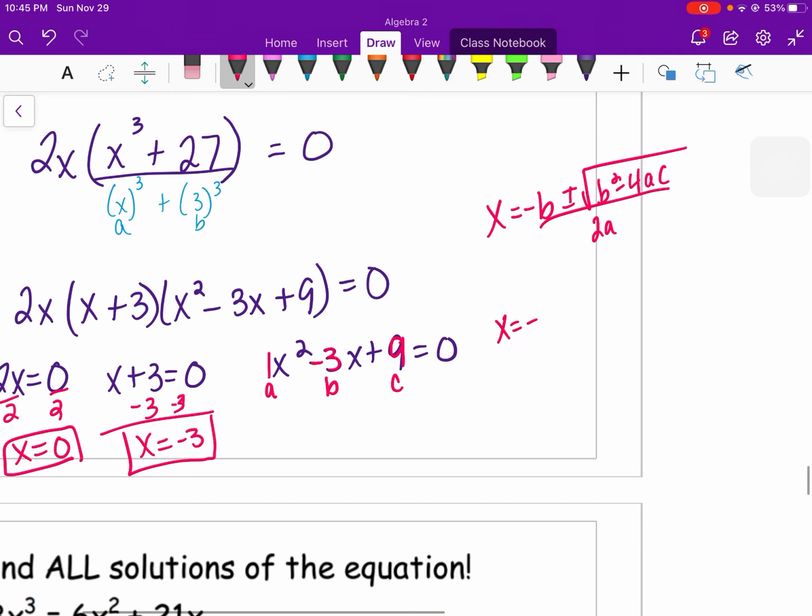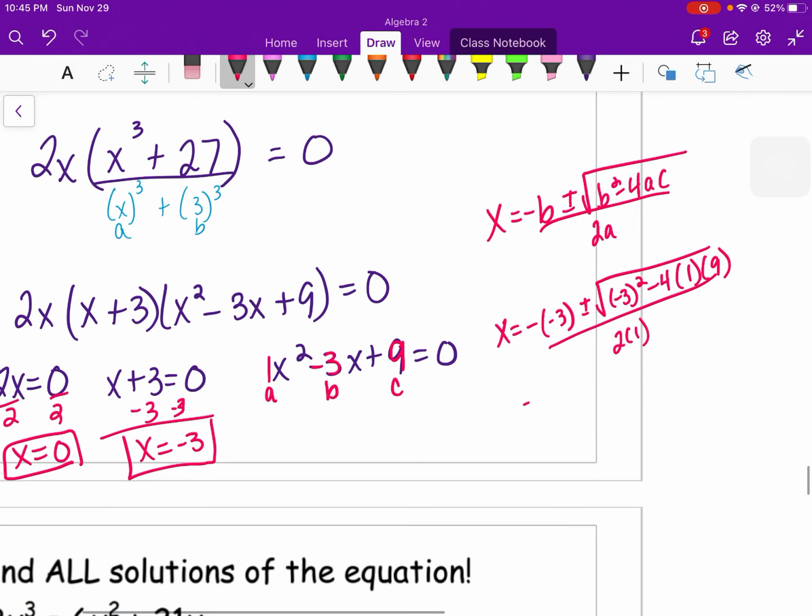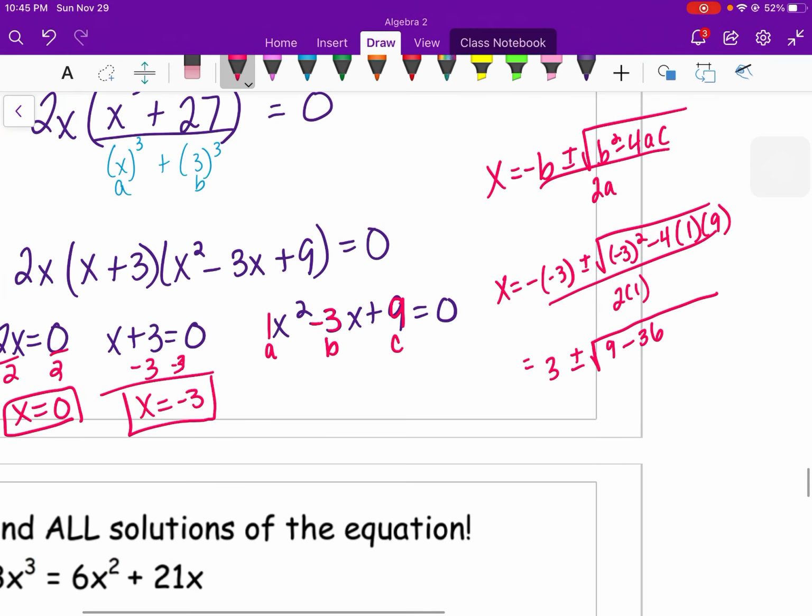So you get x equals negative b, so negative 3, plus and minus the square root, b squared would be negative 3 squared, minus 4 times 1 times 9, all over 2 times 1. Okay, so negative negative 3 would be just positive 3, plus or minus the square root would be 9 minus 36, 4 times 9, over 2. So it'd be 3 plus or minus the square root of negative 27 over 2.